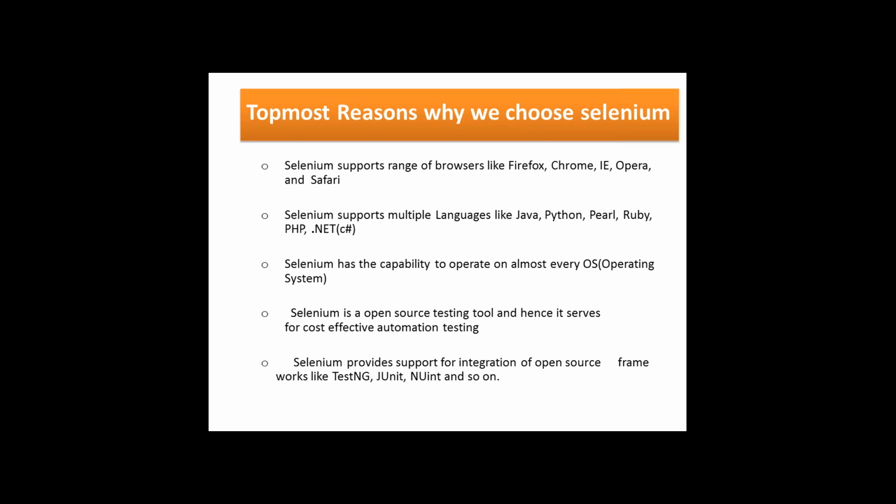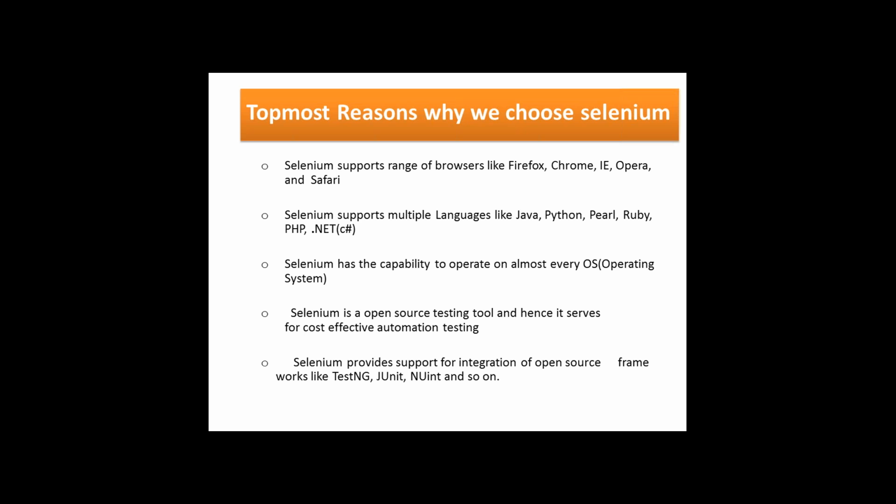Selenium has the capability to operate on almost every OS. That is also a major advantage. QTP only works on Windows, but Selenium works on almost all operating systems where we can use Java. Wherever Java works, Selenium will work. Selenium is open source, so there is no need to purchase any tools. Not only that, Selenium supports integration of open source frameworks like TestNG and JUnit.